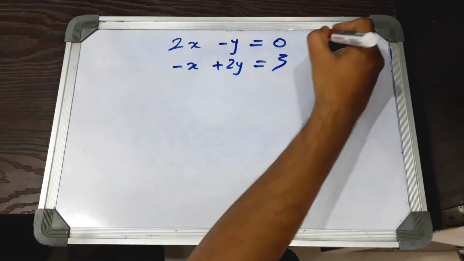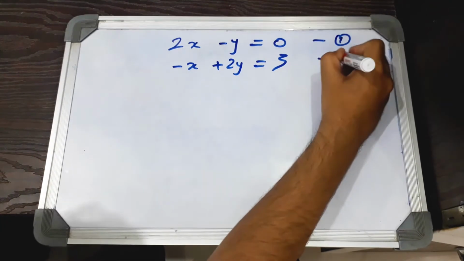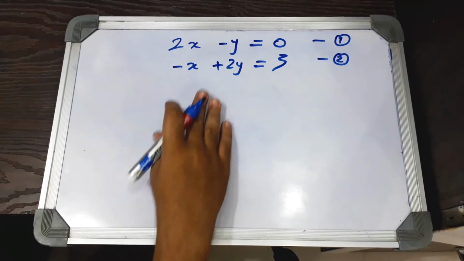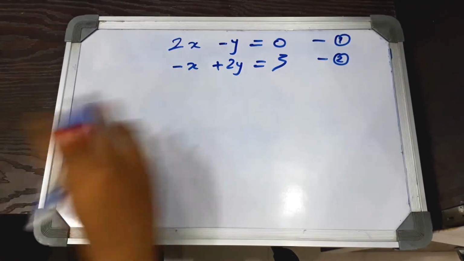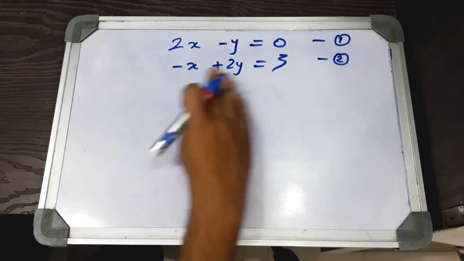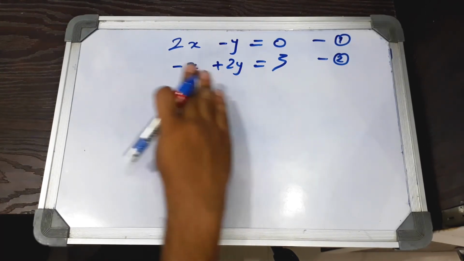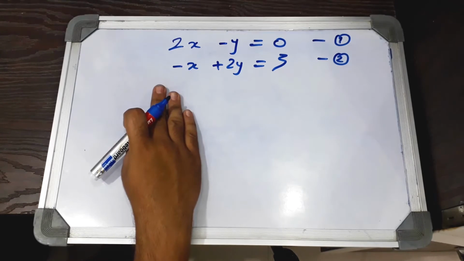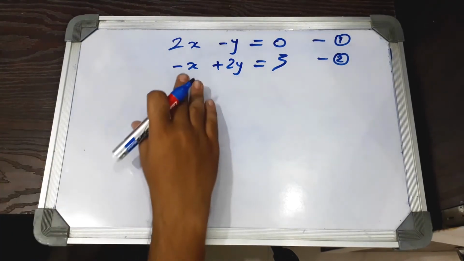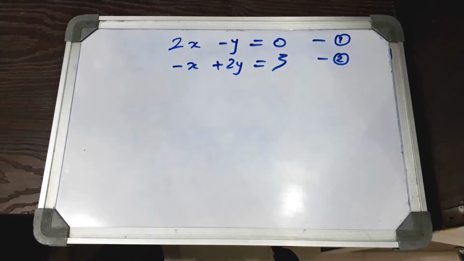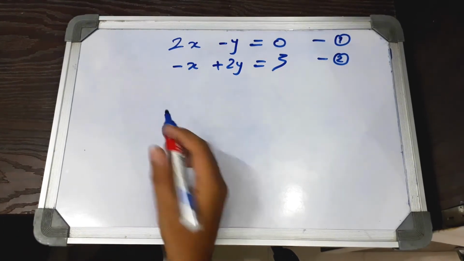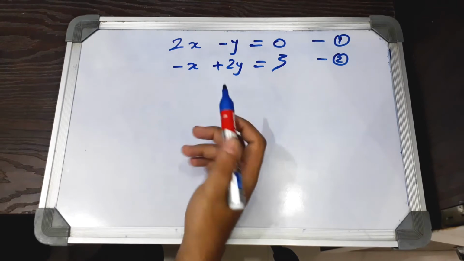These are the two equations, 1 and 2, and linear algebra is all about solving for x and y. There has to be a value of x and a value of y which satisfy both these equations. These are the equations of lines, so this is about linear equations.